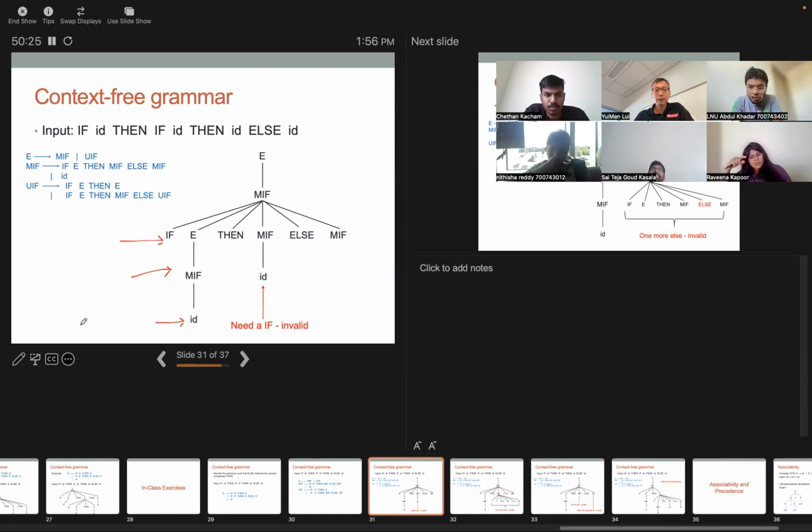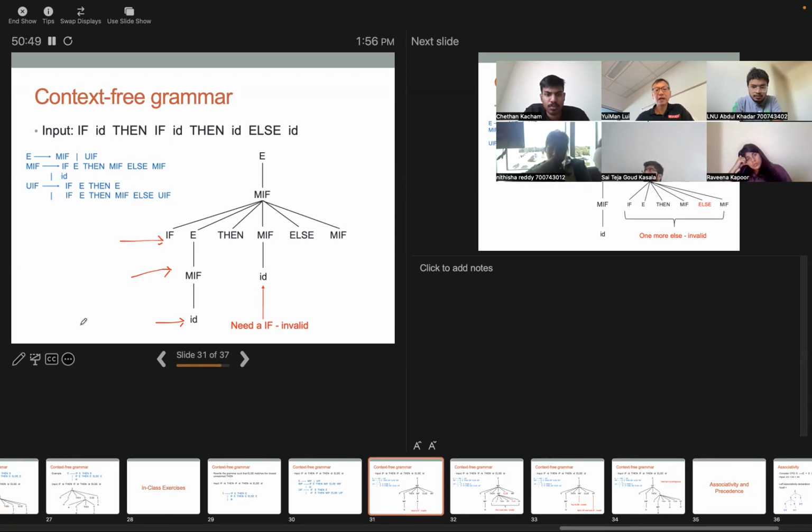Okay, then continues, right? Then next one is MIF. My input is ID. My input is MIF. My input is ID. My input is if, right? After then is a if.